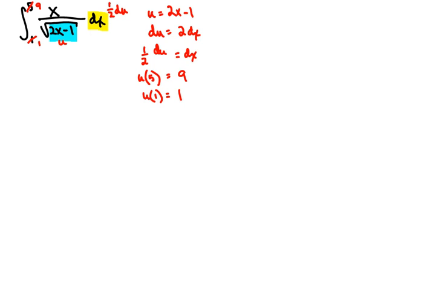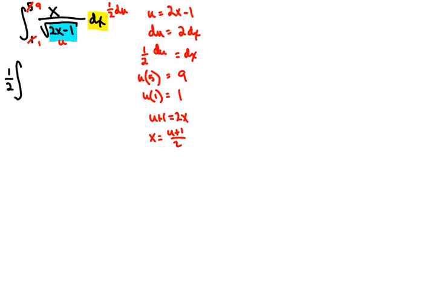And we've done this exact same example before. Starting with u equals 2x minus 1, if I add 1 to both sides and then divide by 2, I get that u plus 1 over 2 is equal to x. And I'm ready to put all the pieces together and rewrite my integral.